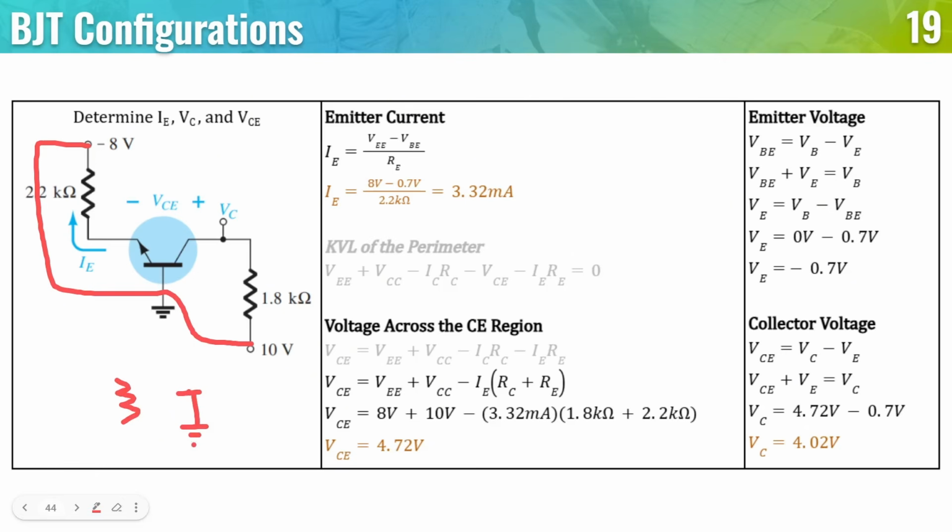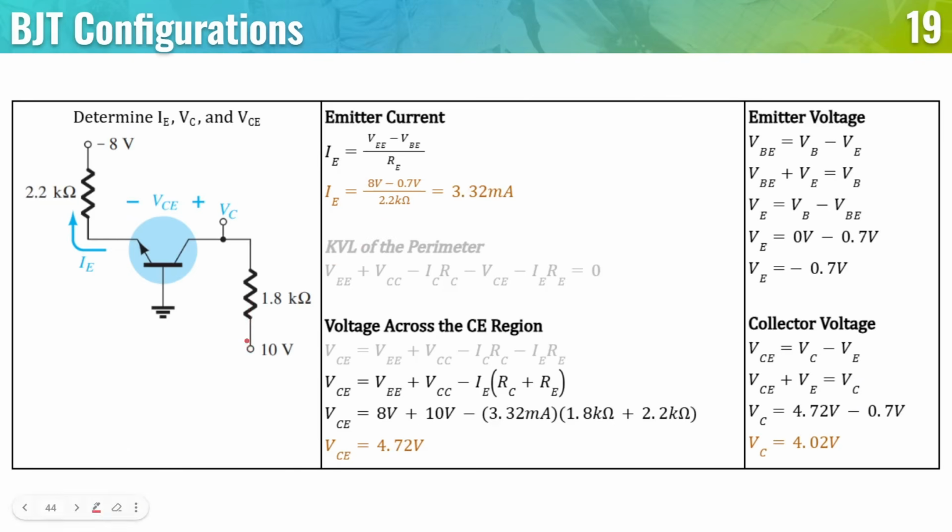While I'm redrawing it, the emitter current is going to be VEE minus VBE all over RE. It's like that because we start from VEE.